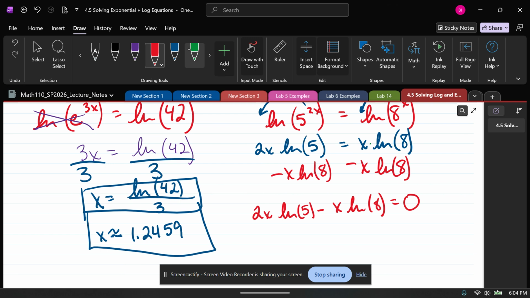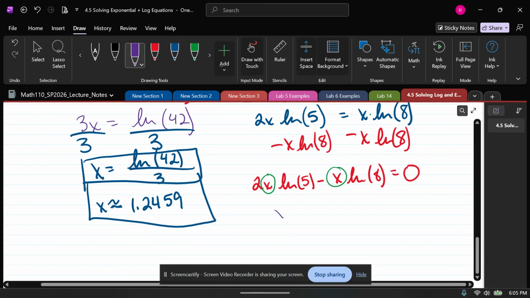Now here's the trick. Both of those have x in common. This is going to be a trick that we're going to need a lot of times. If they both have x in common, that's going to allow me to factor an x out of that.